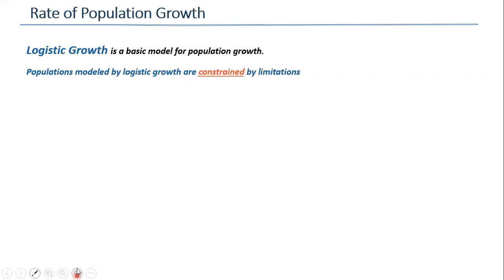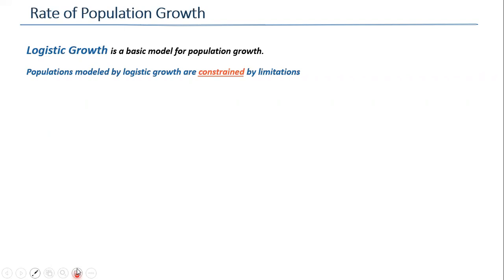Rate of population growth. Logistic growth, or the logistic function, is a basic model for population growth. Population may be persons, maybe bacteria, any population.